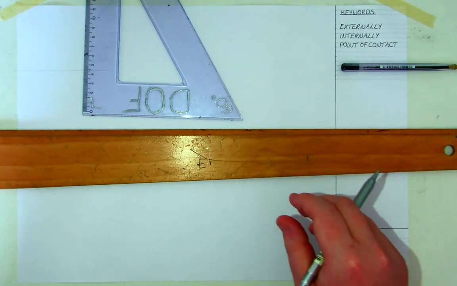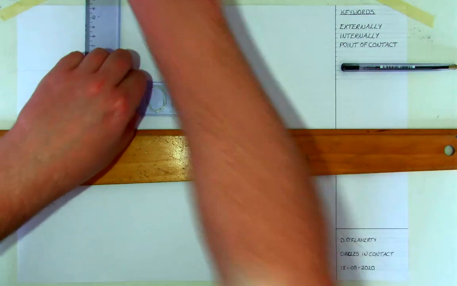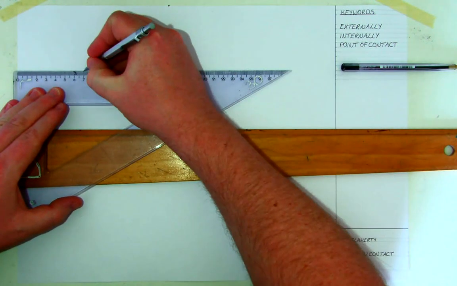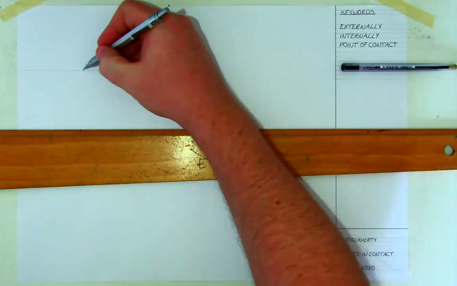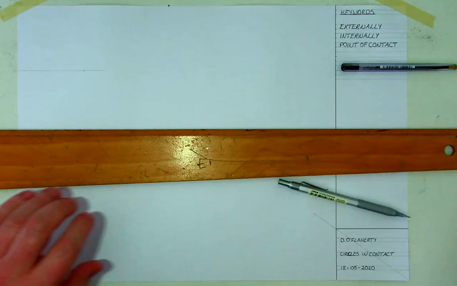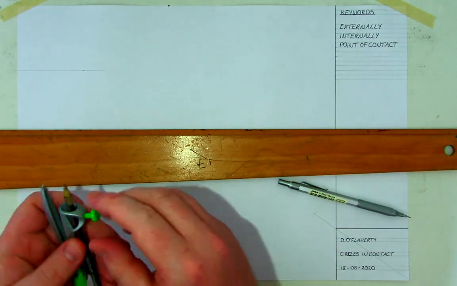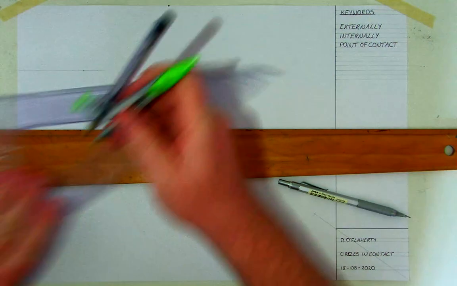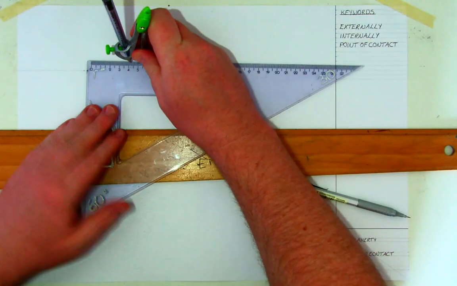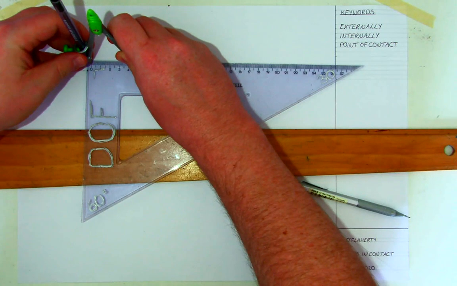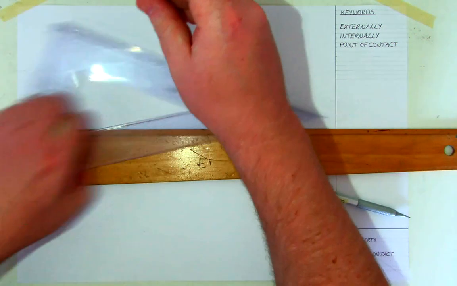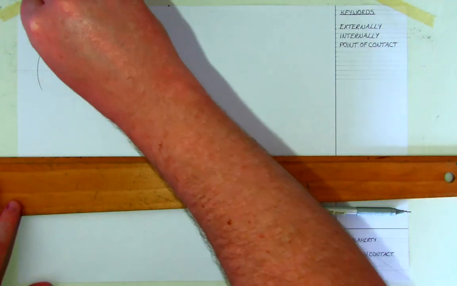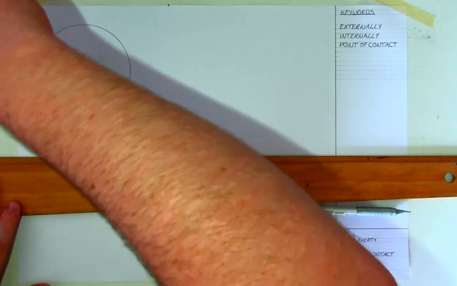So down 70, in 70, and I'm going to draw a circle of radius 50 with that as its centre. I put a radius of 50 on my compass and draw that circle in there. Alright, there it is, a circle of radius 50.